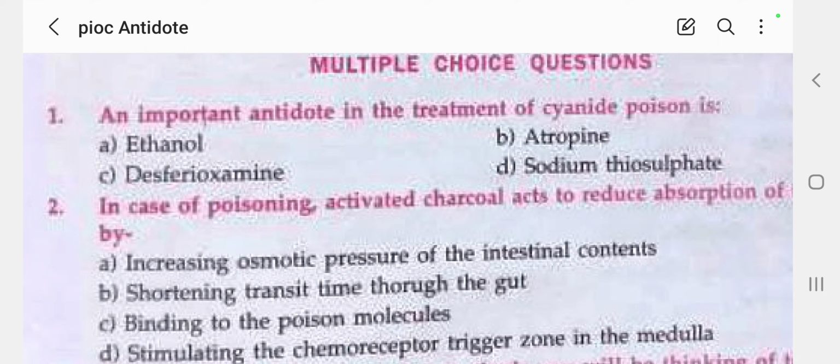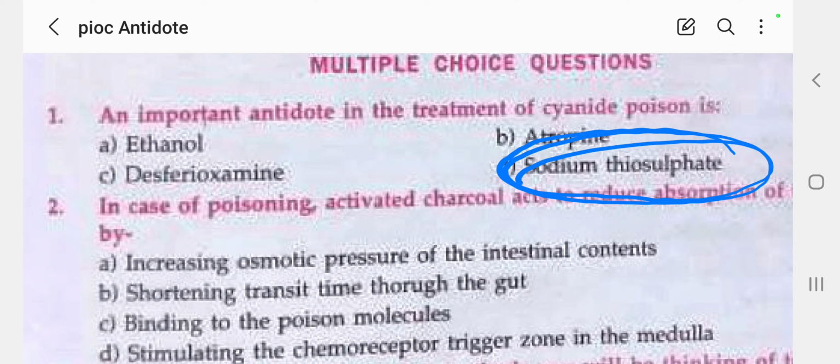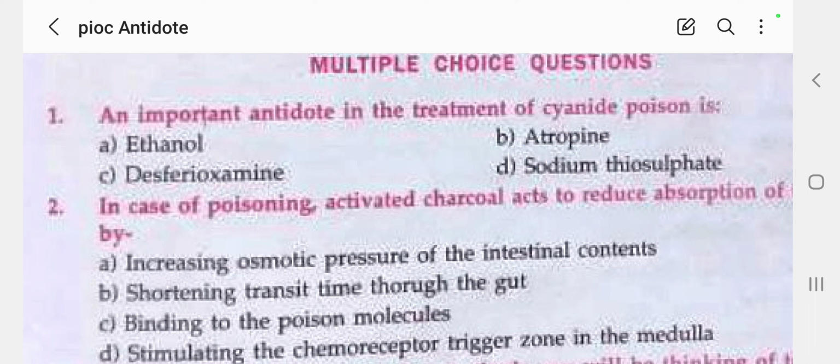I told you repeatedly, the priority goes to sodium thiosulfate. Although sodium nitrite can also be used for cyanide poisoning, the priority goes to sodium thiosulfate. Also here the option doesn't give sodium nitrite, so the choice goes to sodium thiosulfate.